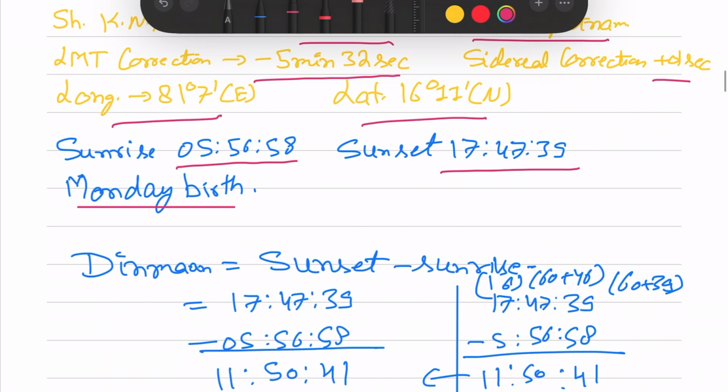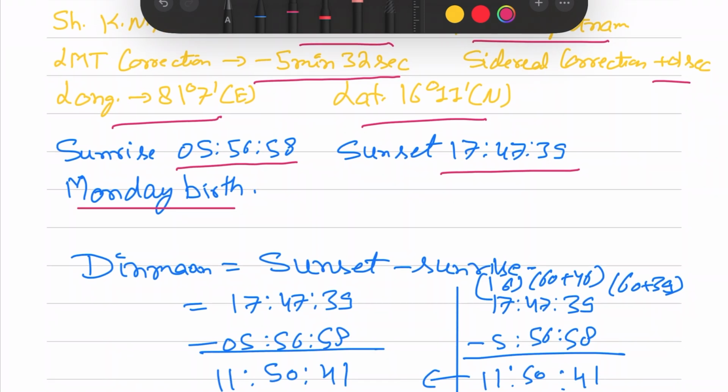We calculate the Dinmaan, which is sunset minus sunrise, that is 17:47:39 minus 5:56:58. So we get 11 hours 50 minutes and 41 seconds. I have shown on the right-hand side how we take carry and do the calculation.